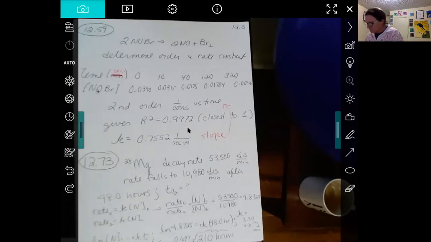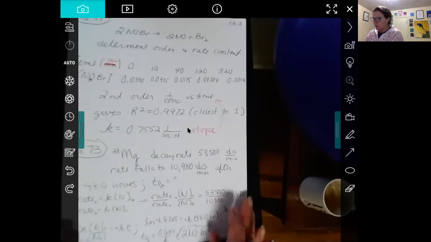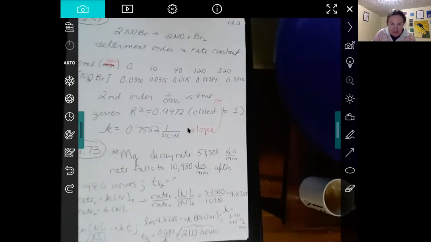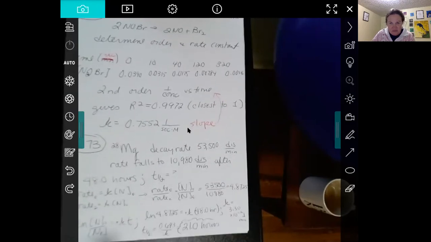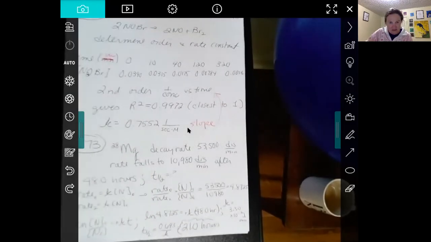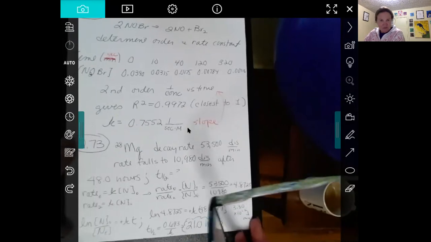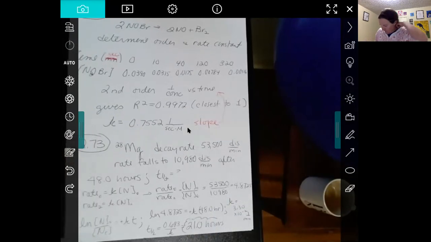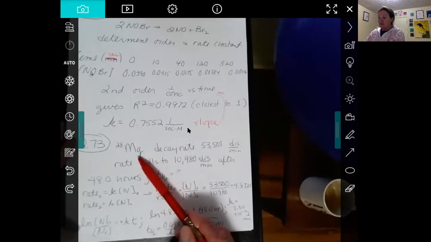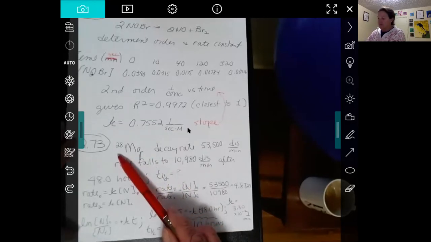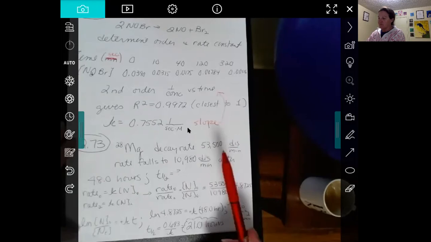So the next problem is one that deals with radioactive decay. A little bit blurry, not too bad. I'll talk through all the numbers. If you read problem 7 or 12.73, it tells you you have a sample of magnesium that's radioactive, the 28th isotope.